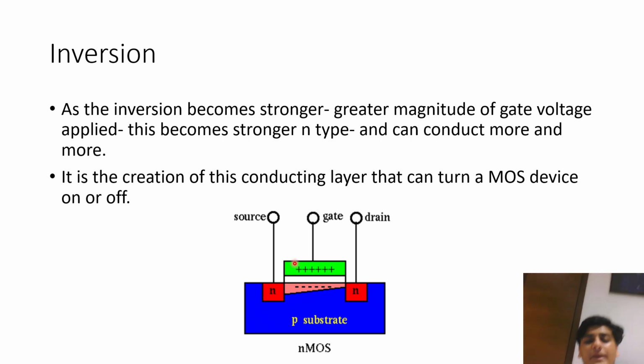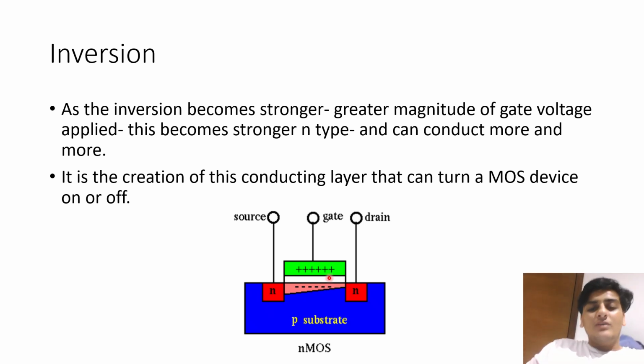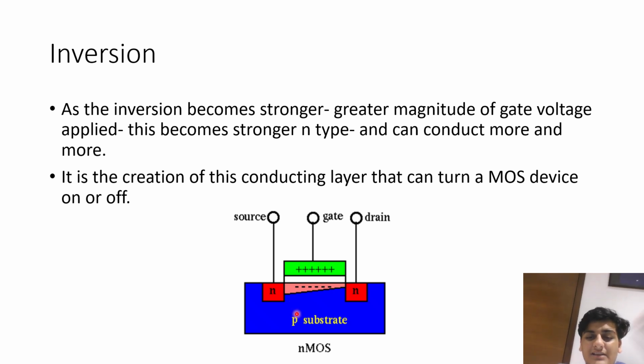So the more conducting it becomes, if I connect now two terminals, a drain and a source, and I apply a voltage across it, now this channel that has formed near the surface due to the phenomenon of inversion that we just discussed can conduct current between the drain and the source. So the creation of this conducting layer is controlled by the gate, and the conducting layer itself can conduct current. So based on whether the gate voltage is above the threshold for inversion by some significant amount, this conduction can happen freely. So that is why we have this thing called the inversion layer.